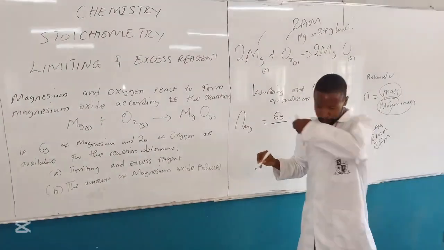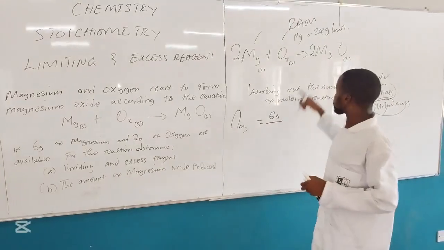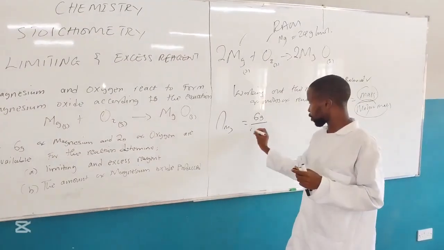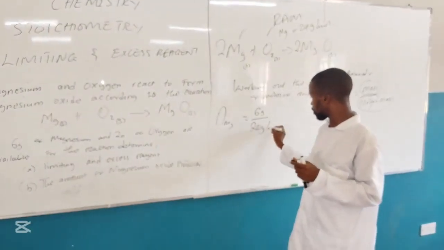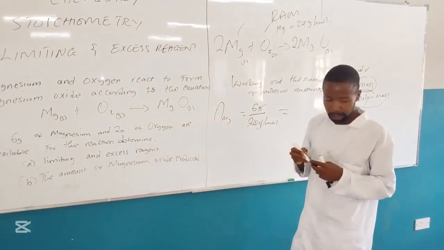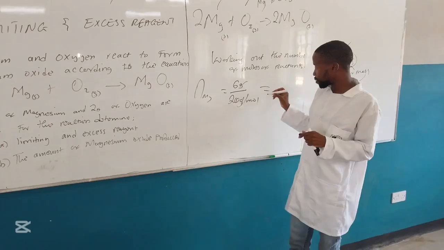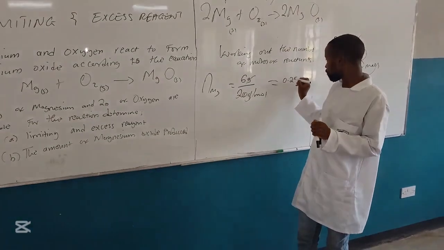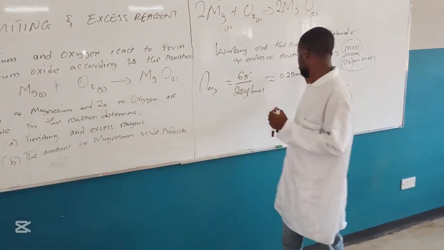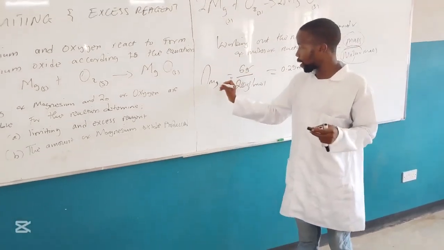So we put 24 grams per mole. 6 divided by 24 is 0.25 moles. So this is the number of moles for magnesium.